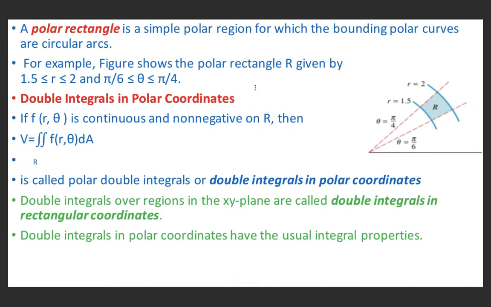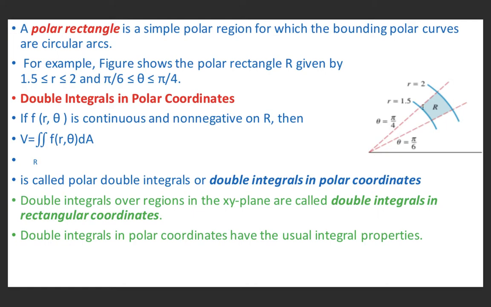Now the polar rectangle on which we are going to calculate the double integral is simply a polar region for which the bounding polar curves are circular arcs.